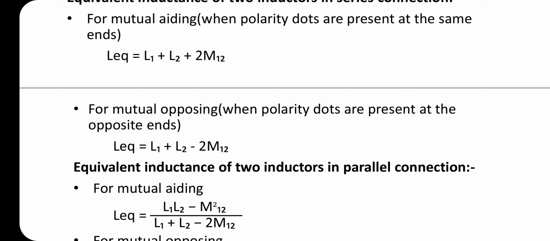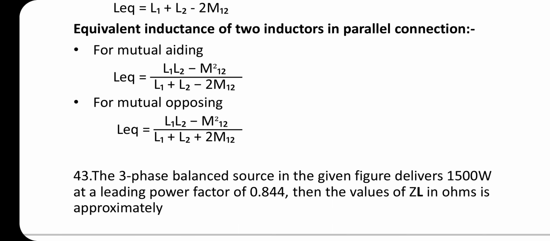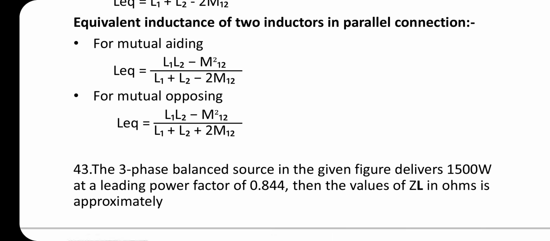Equivalent inductance of two inductors in parallel connection. For mutual aiding, L equivalent equal to (L1 L2 minus M12 square) divided by (L1 plus L2 minus 2M12). For mutual opposing, L equivalent equal to (L1 L2 minus M12 square) divided by (L1 plus L2 plus 2M12).